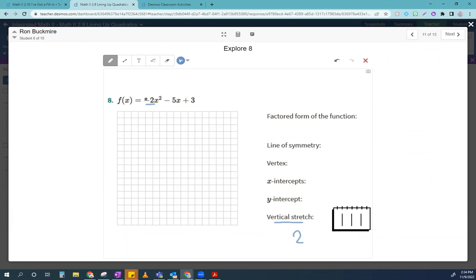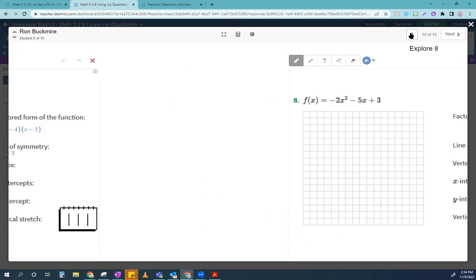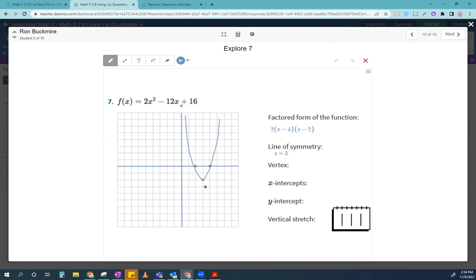Let me ask you guys, what is this negative's job? Yes, he makes the parabola open up or open down. So this one is going to open down. He's going to be a sad face, right? Versus, say, this guy, he's a happy face. That's all good. So does this one have a vertical stretch? Looking at this, does this have a vertical stretch?